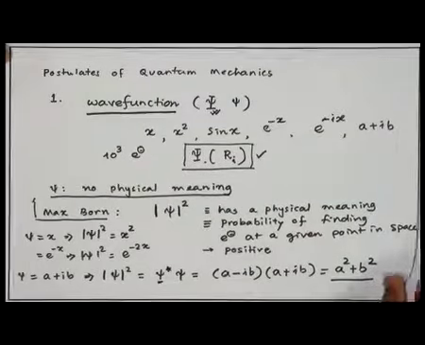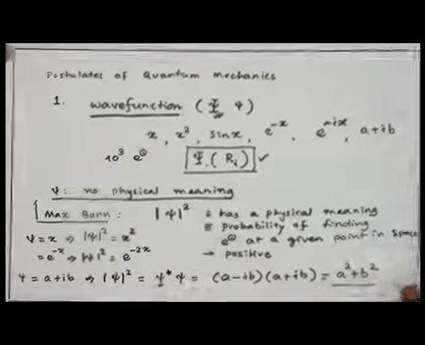All right. We saw the first postulate of quantum mechanics, which says that there exists something called a wave function, which contains all the information. That is very good. But you would ask me, how will I get this wave function? How would I get the information that I want to know about the system starting from this wave function?